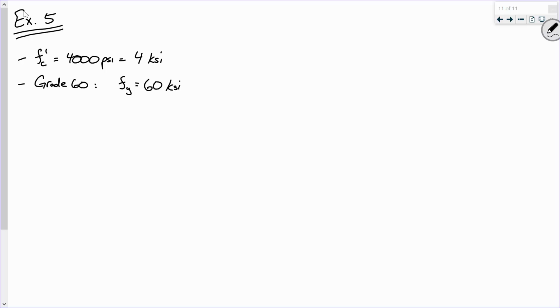Now, let's see this. It's slide 63 if you're interested. But we have our reinforcement. Our reinforcement is 3 number 8 bars. So what is the area of steel going to be? It's going to be 3 times what? 0.79.